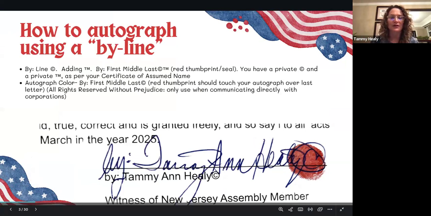Up here I have my byline, Tammy Ann Healy, a copyright, and my thumbprint over it. You always want to put your thumbprint over the last letter of your last name and the copyright. And you always want to put all rights reserved without prejudice, only used when communicating directly with corporations.